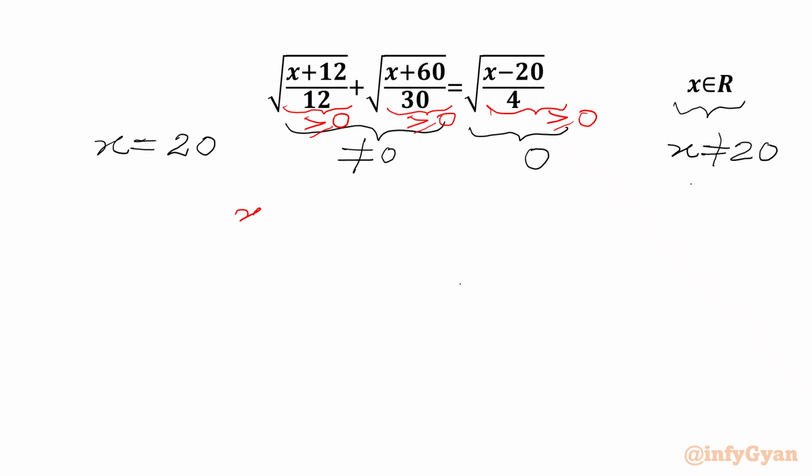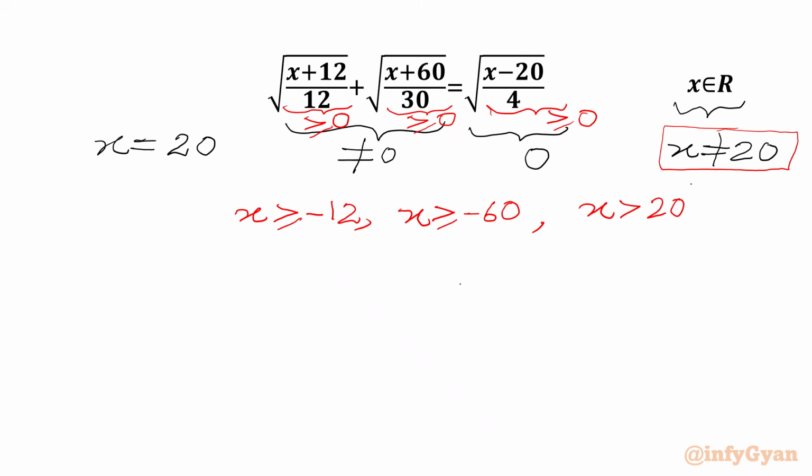So we will get x should be greater than or equal to minus 12, x should be greater than or equal to minus 60, and from the right hand side x should be greater than 20 only, because x cannot be equal to 20. Now we'll take the intersection and we'll get x should be greater than 20. Then we'll be getting real solutions.